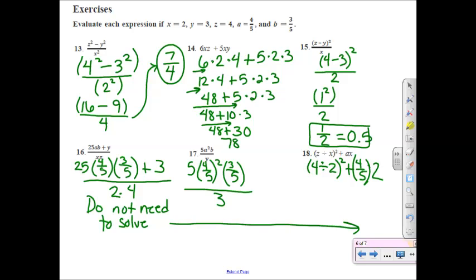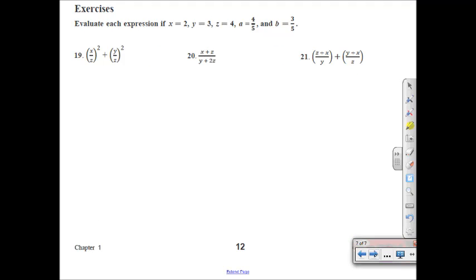And you do not need to solve that. And the home stretch here, the last 3 problems, we have X over Z squared, Y over Z squared.